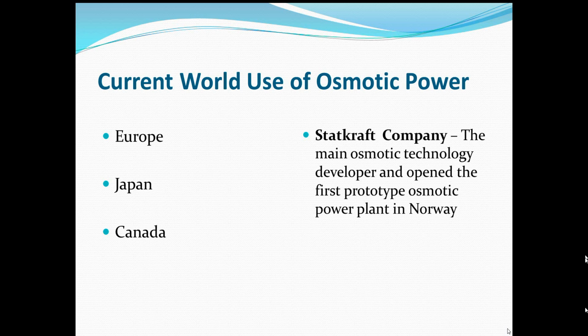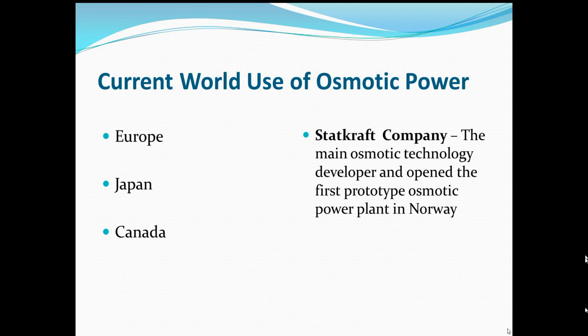In Europe they take the fresh water and the saline water from the ocean, but in Japan they take the salt water from a desalination plant, the waste product of a desalination plant, where the water thrown out has a high concentration of salt, and the fresh water is from a sewage treatment plant. With the help of this combination of fresh and salt water across a semi-permeable membrane, they are able to generate electricity.